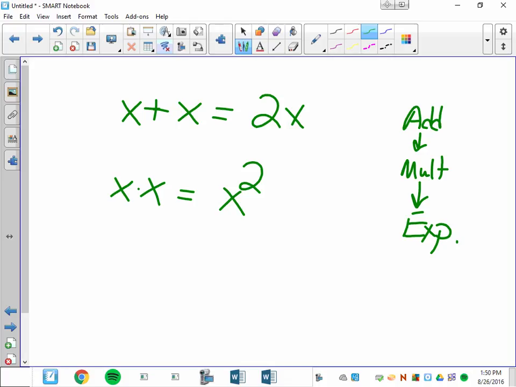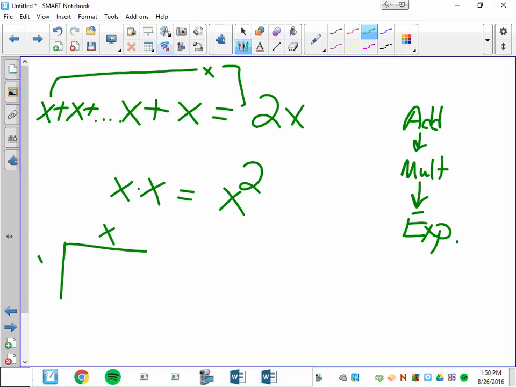So we have the regular addition level, which can be turned into multiplication. And what if I had x of these? If I add x's together, that's a square that has x on one side and x on the other, and x times x is x squared.